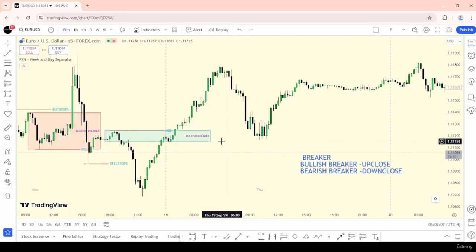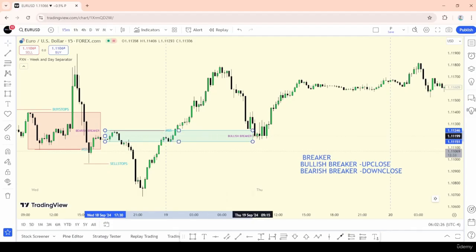So what we anticipate from a breaker is a retest back to that area. So in this bullish breaker, these 3 consecutive candles, we anticipate that when price moves higher, later price will come back down to retest that zone or area.